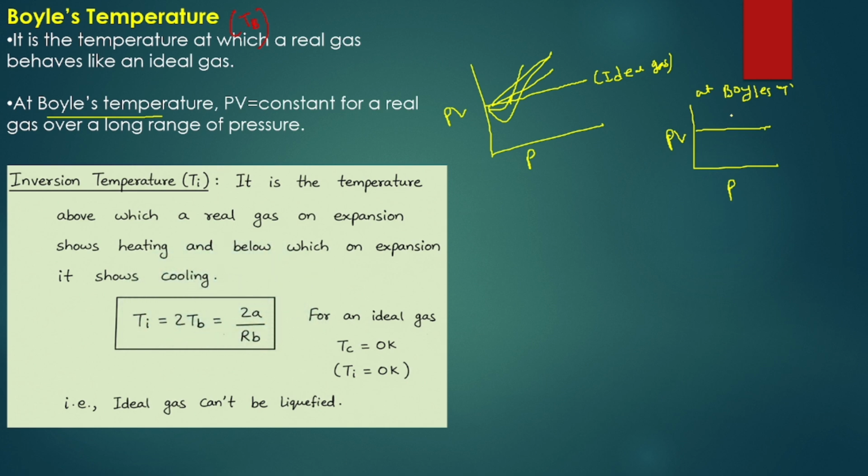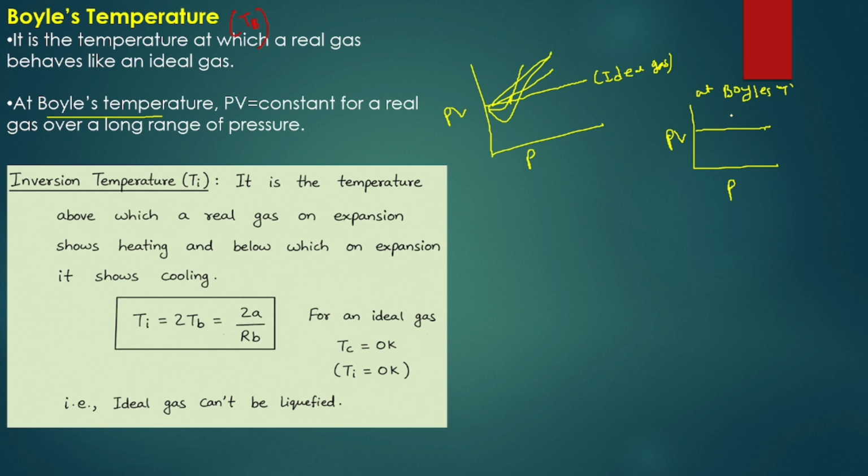Next, inversion temperature, Ti. It is the temperature above which a real gas on expansion shows heating, and below which on expansion it shows cooling. What a beautiful point here.